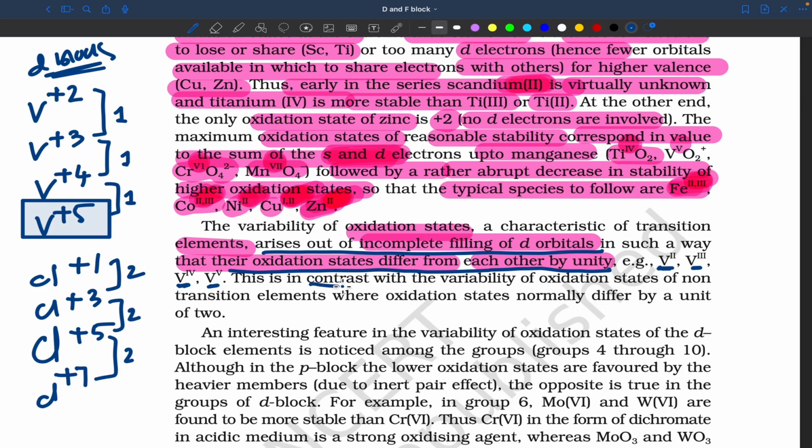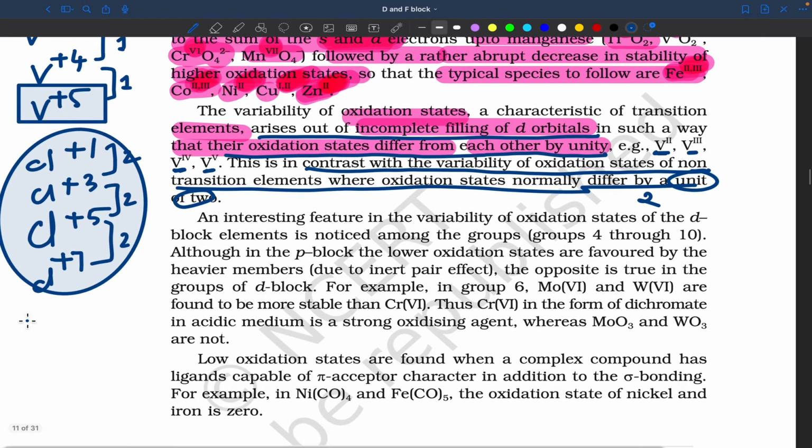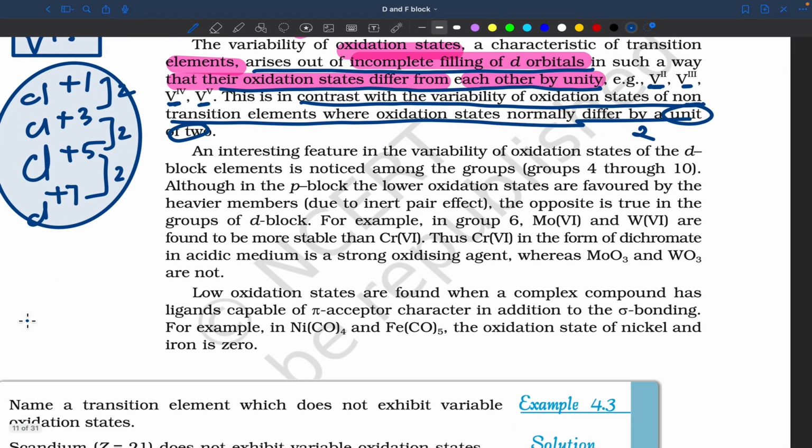This is in contrast with variability of oxidation states of non-transition elements, where oxidation states normally differ by 2. So in the chlorine case they differ by 2. For the same element, if the oxidation number difference is 1, we call it a d block or transition element, whereas in non-transition elements the variable oxidation numbers differ by 2 and even more in some cases.